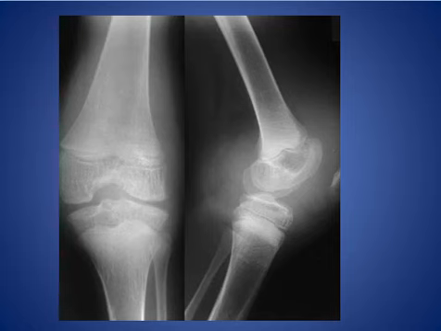Here, as we see, knee X-ray for a patient with AP and lateral views. As we see here, soft tissue density around the knee is increased and the epiphyses are large with some osteoporosis.